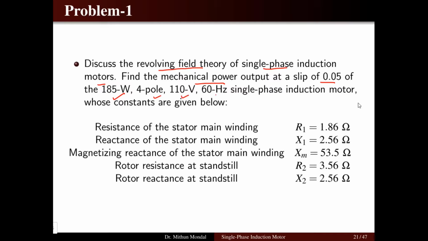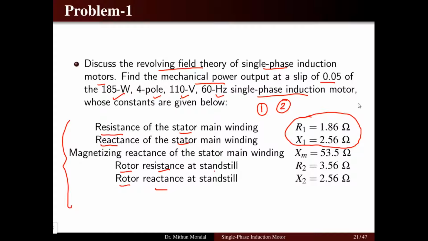The machine is running at 60 Hz frequency, and the constants of the equivalent circuit parameters of the single phase induction motor are given, where 1 indicates the stator and 2 indicates the rotor circuit. The resistance and the reactance of the stator are given as 1.86 and 2.56 ohm, whereas for the rotor circuit, the resistance and the reactance under the standstill condition are given as 3.56 and 2.56 ohm respectively.